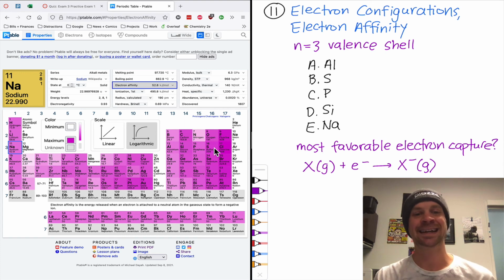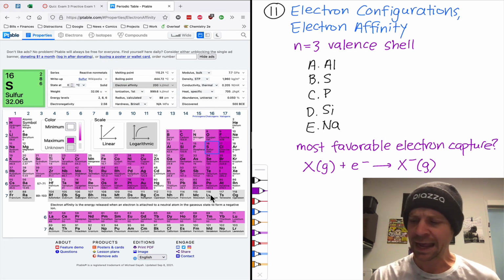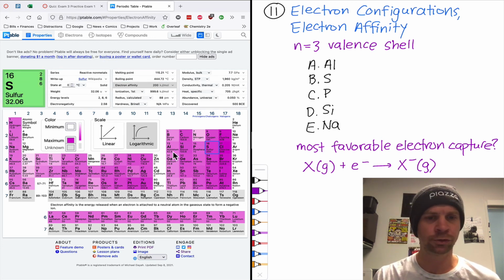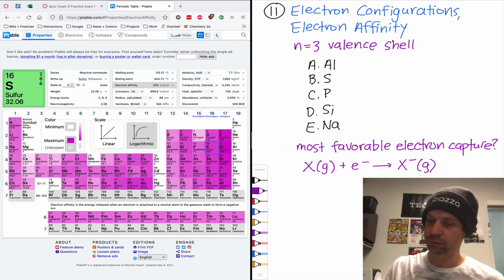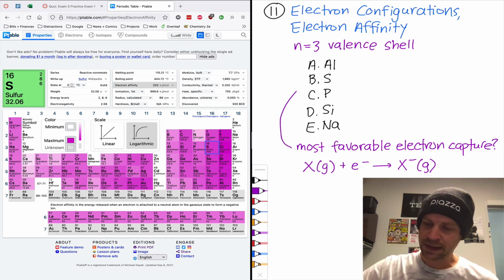Electron affinity is exothermic, except for the extreme exceptions like the noble gases. And among the elements we looked at, which include aluminum, silicon, phosphorus, sulfur, and sodium, the most negative electron affinity is associated with sulfur. And this makes sense.